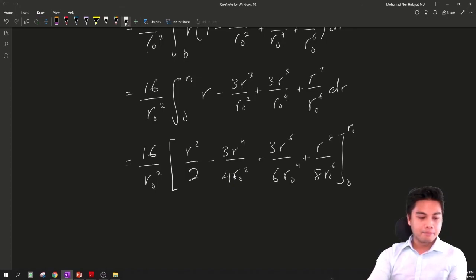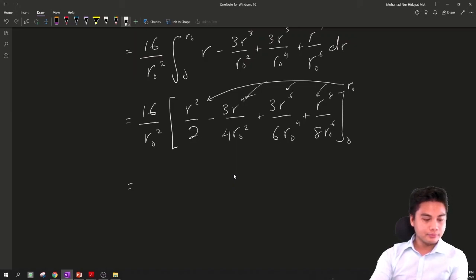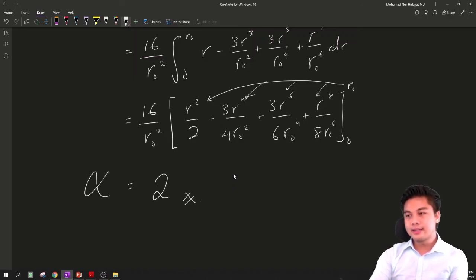Finally you substitute r with r naught and simplify the equation. You will get the final answer to be 2. Thus, alpha, the kinetic energy correction factor, is 2.